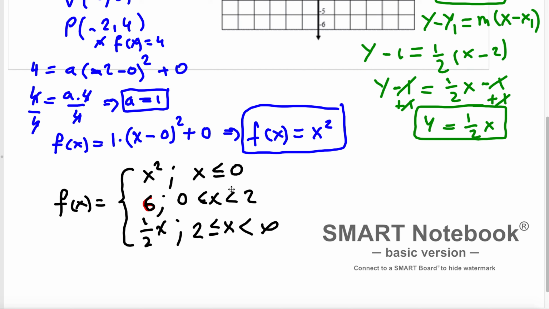Or in another way, we can write it like we wrote this one here: x is greater than or equal to 2, if I want to write it in this form.